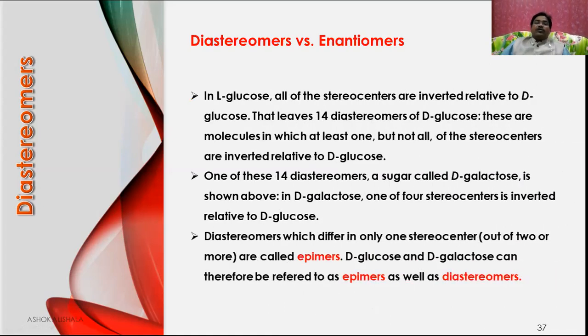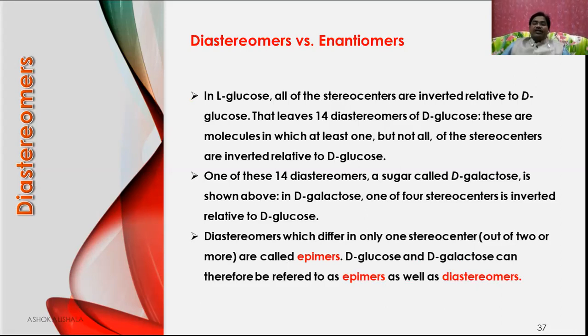If L-glucose has all of its stereocenters inverted relative to D-glucose, that leaves 14 diastereomers of D-glucose. These are molecules in which at least one, but not all, of the stereocenters are inverted relative to D-glucose. One of these 14 diastereomers, a sugar called D-galactose, is shown above. In D-galactose, one of the 4 stereocenters is inverted relative to D-glucose.